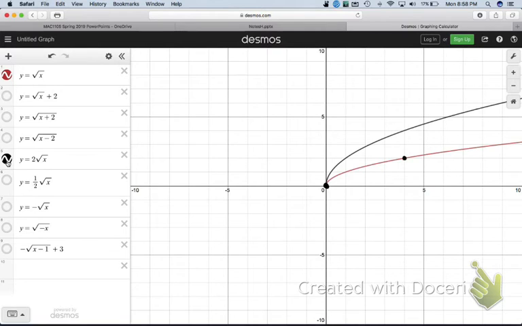But if I use that reference point for 2, and I stretch it up by a factor of 2, we're now looking at the point 4, 4. So it's that y value that gets multiplied by 2 there. My x coordinate stayed the same.